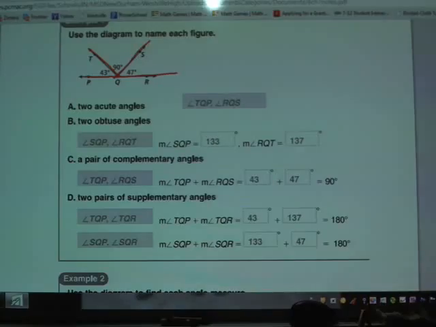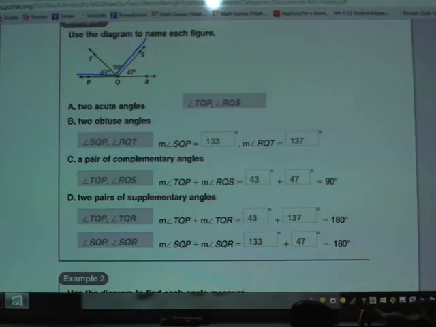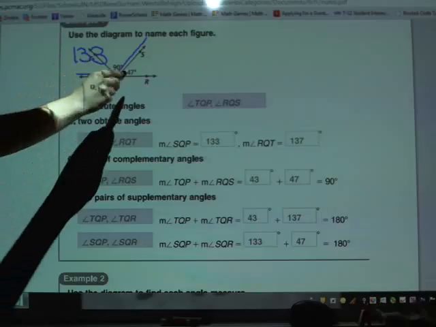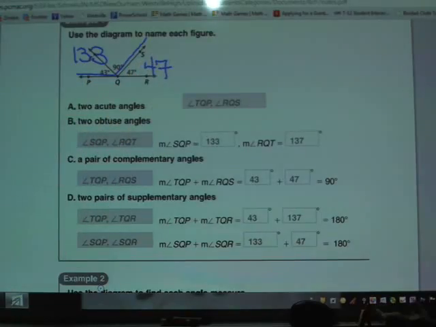Finally, they're looking for supplementary angles. Supplementary angles are angles together that make 180. So a few different ways you can go here. You're going to make some kind of clever angle pairs here, but we can group these two together, which we know from the problem we did earlier are 133, and if I add it to this guy here, which is 47, that's one way I can get my 180 degree set, which is what supplementary angles are.